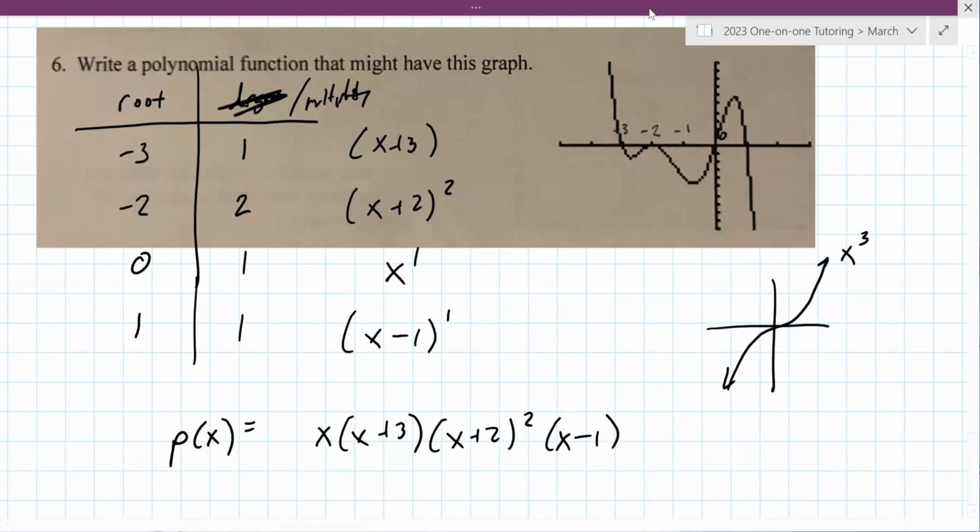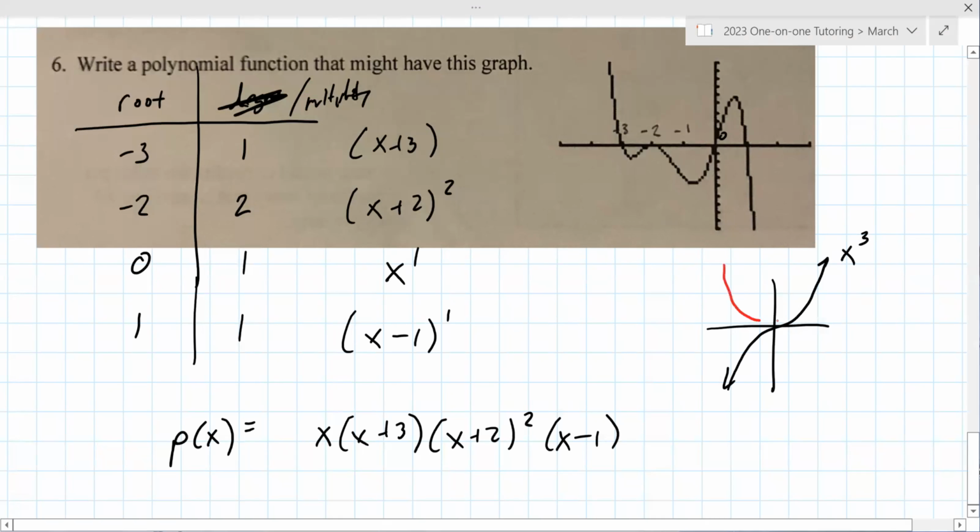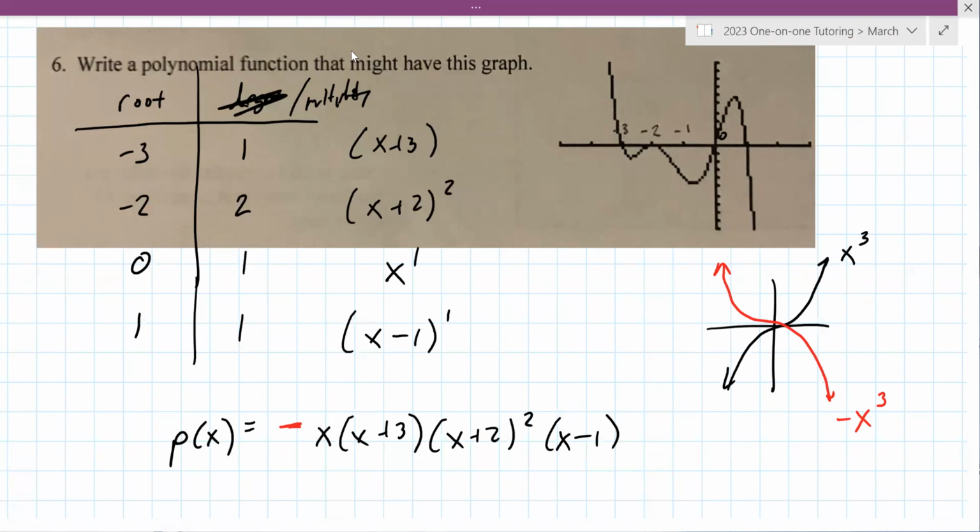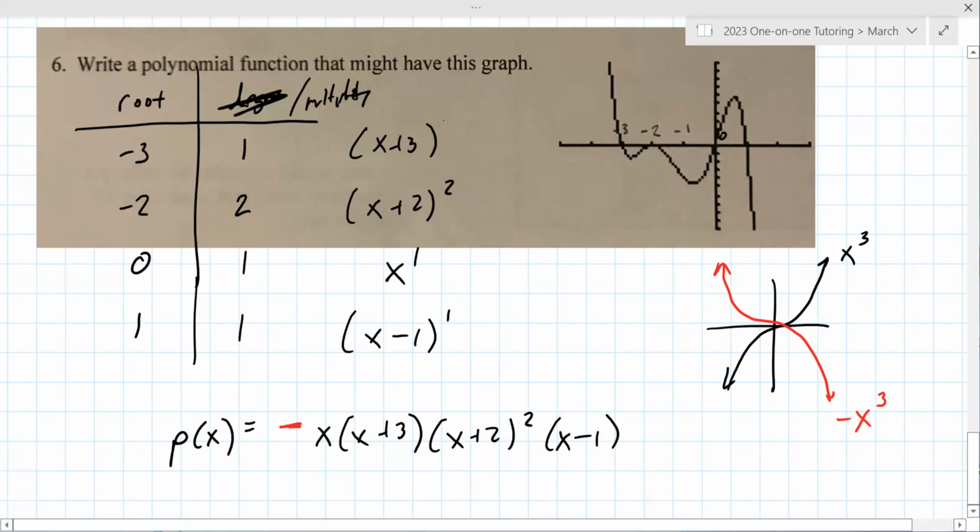So a negative x cubed starts high and then goes low. So yours probably has a negative in front. And we'll just confirm that with the degree. You just add up the multiplicities.